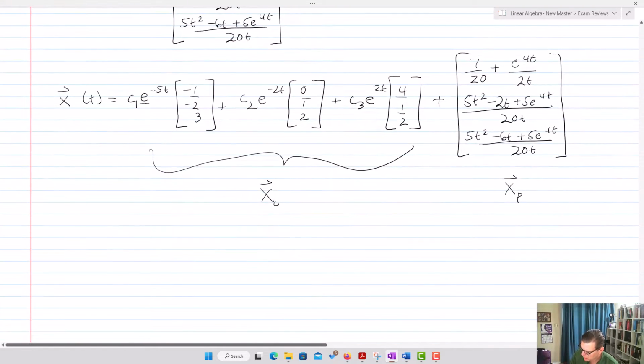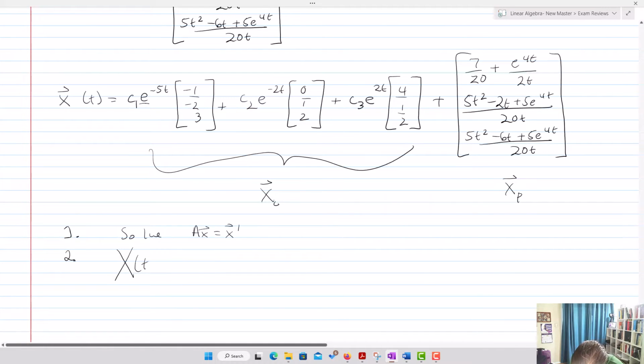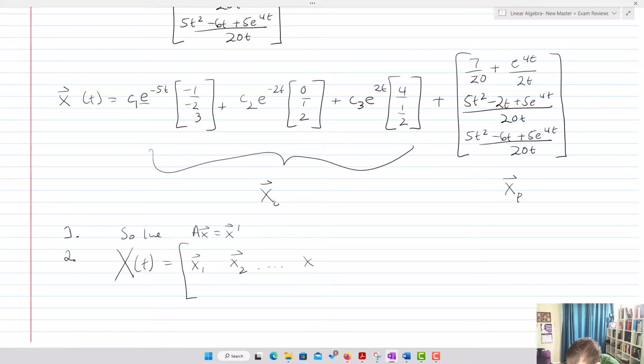So, to recap, because this is pretty involved. One, we want to solve Ax equals x prime. Two, our x of t is going to be made up of the solutions to Ax equals x prime; we call these x1, x2, and so on, all the way up to xn.